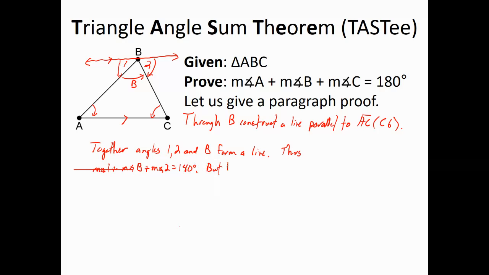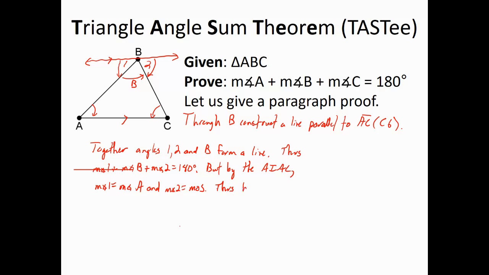But by the alternate interior angles consequence, it follows that the measure of 1 is equal to the measure of A, and it also follows that the measure of 2 is equal to the measure of C.